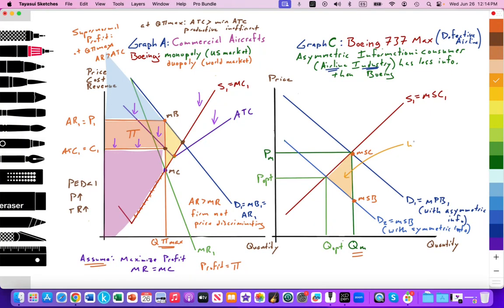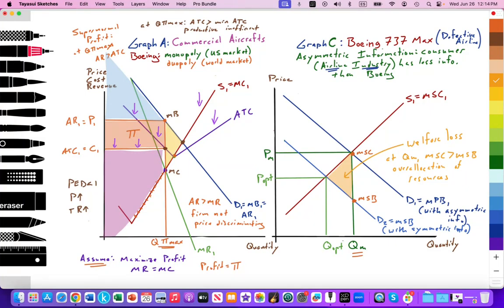A welfare loss where we can see at QM, marginal social cost is greater than marginal social benefit. There's an overallocation of resources to the production of this particular good, the Boeing 737 MAX.